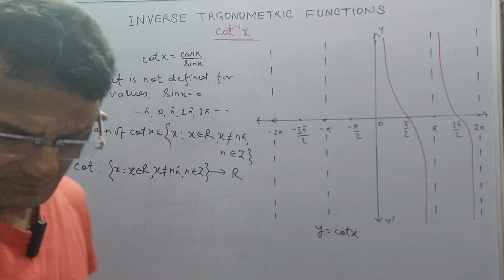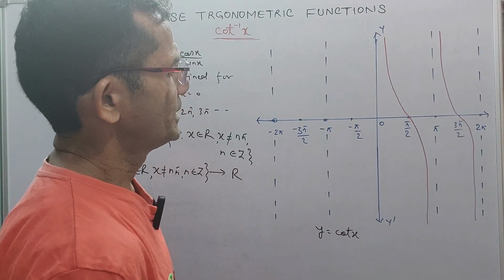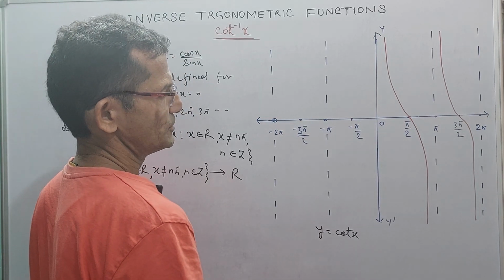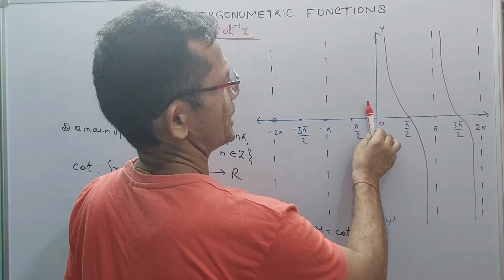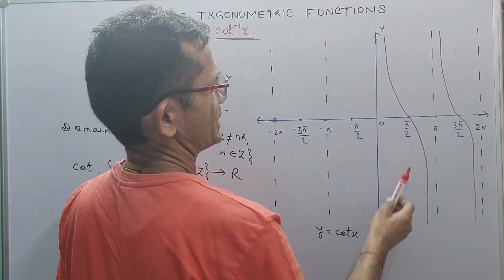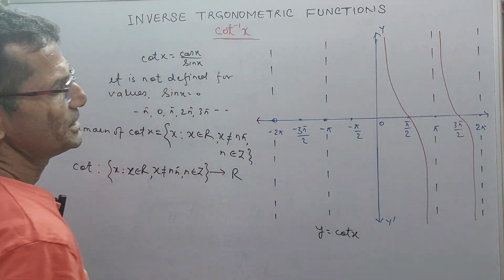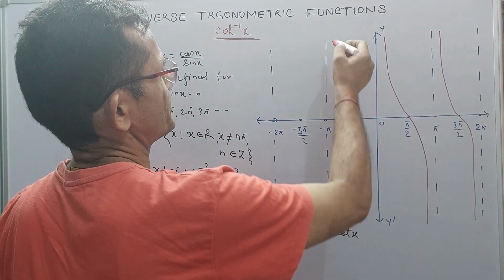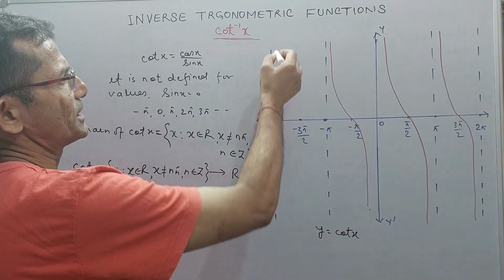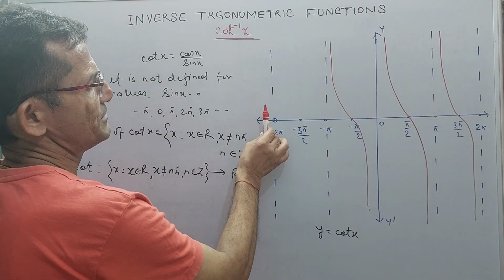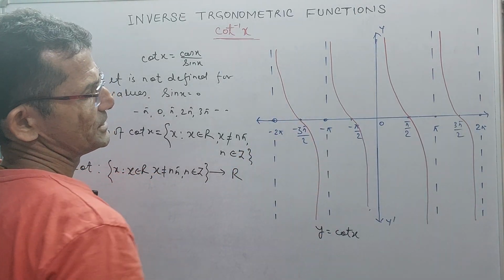Now look at the graph of cot x. Here the values are taken from 0 to pi, and it is not defined at pi, not defined at 2 pi. Similarly the graph would continue like this. This is the graph of cot x, and in the interval minus 2 pi to 2 pi, the graph of cot x will be like this one.